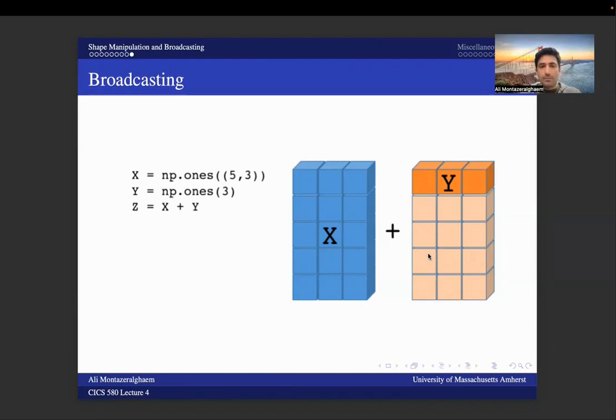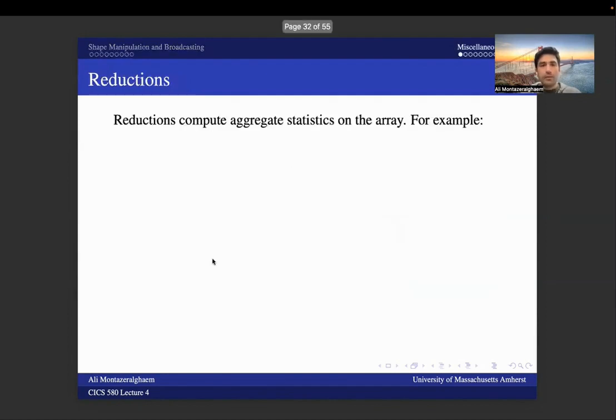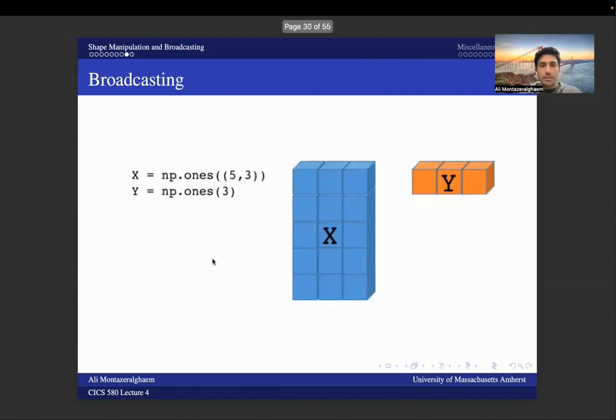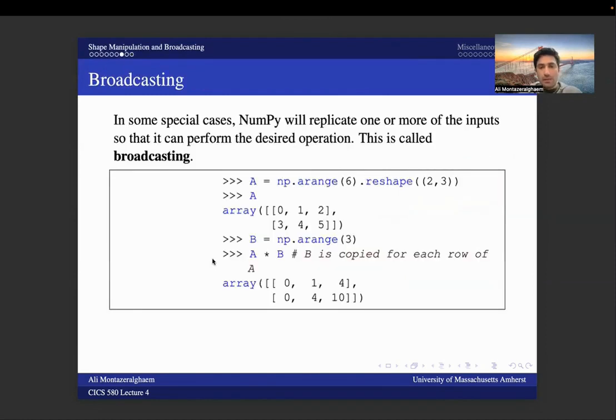This means we replicate the first row of Y 4 times to generate a two-dimensional matrix, to make it feasible to add the 2 matrices. This is broadcasting, and you can also see an example here for multiplication.